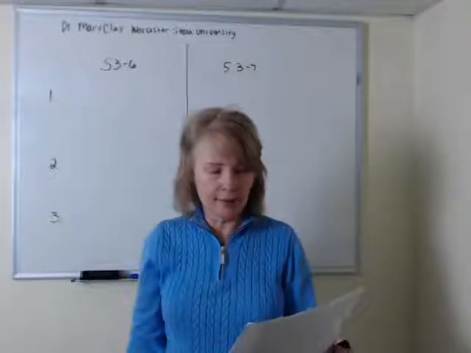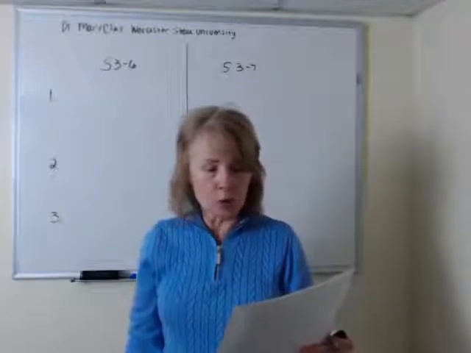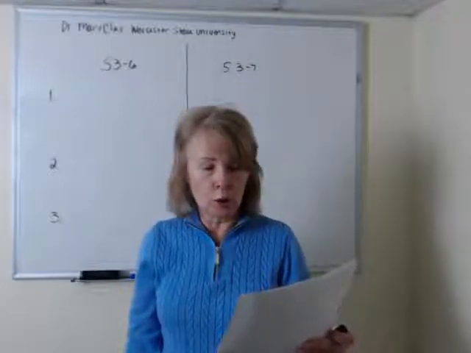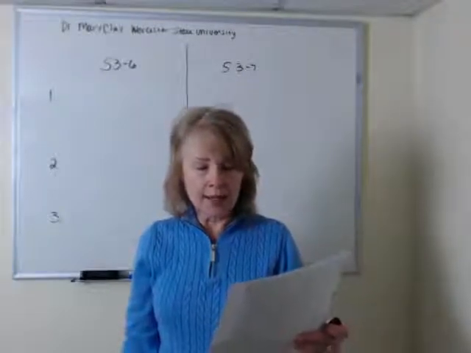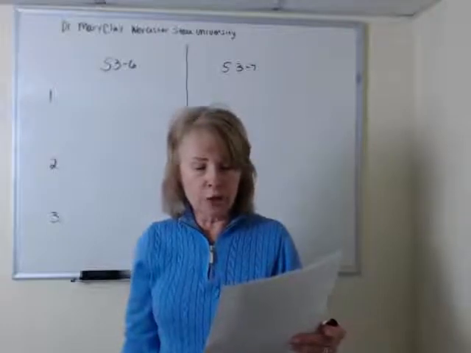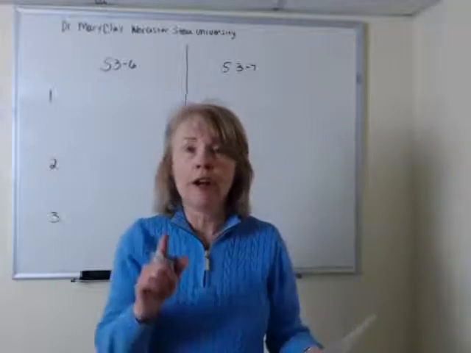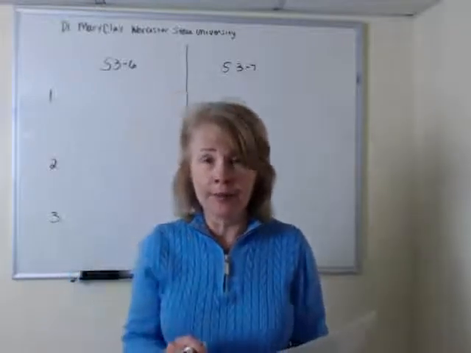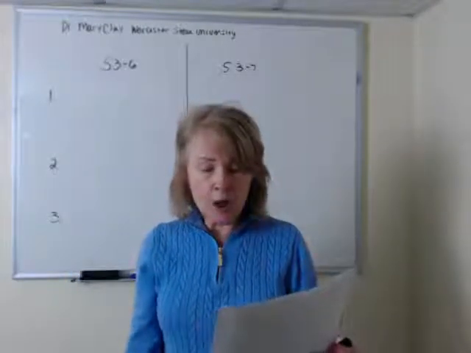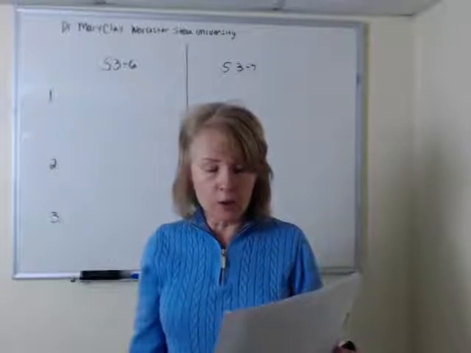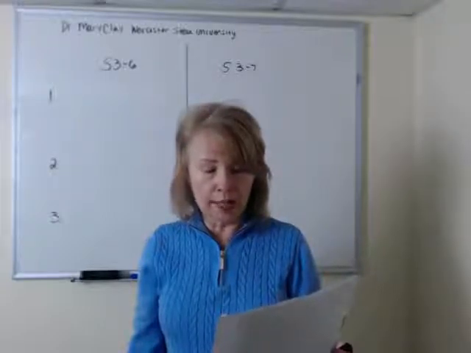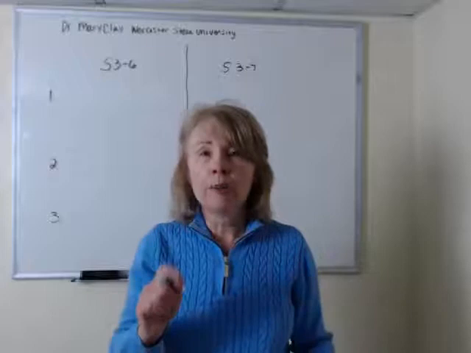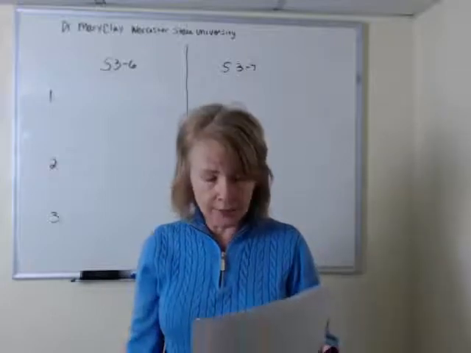Here's what it says. Edmonton Pools manufactures swimming pool equipment. Edmonton estimates total manufacturing overhead next year to be $1,400,000. Very important. That is estimated. Edmonton also estimates it will use 50,000 direct labor hours. Very important. That's an estimate.